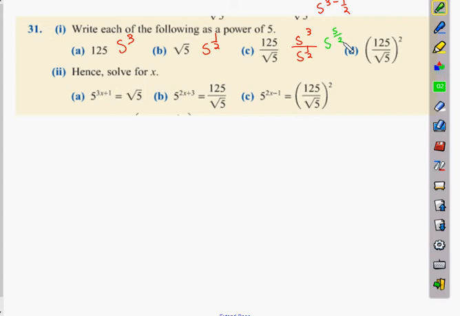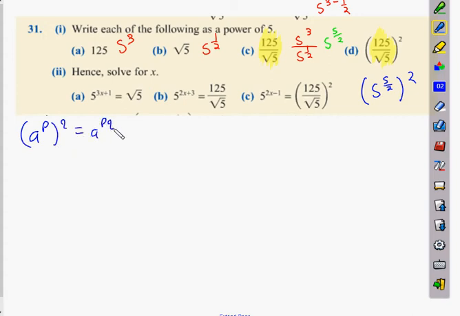The next question, right? This part here is the same as this one here. So in effect, it's 5 to the power of 5 over 2 multiplied by 2. This is the multiplication rule. If you look at your notes, you'll see a to the power of p, to the power of q equals a to the power of pq.